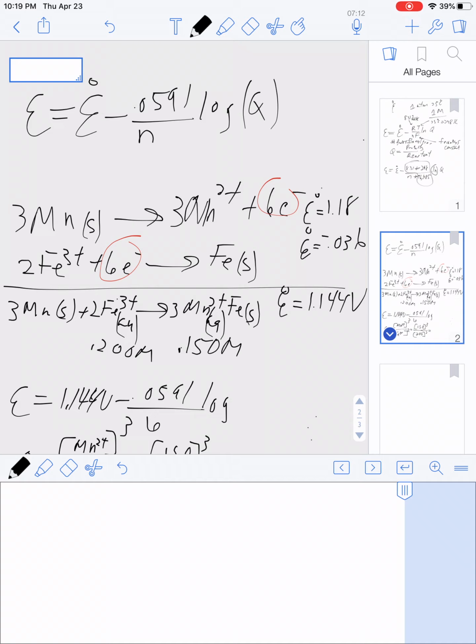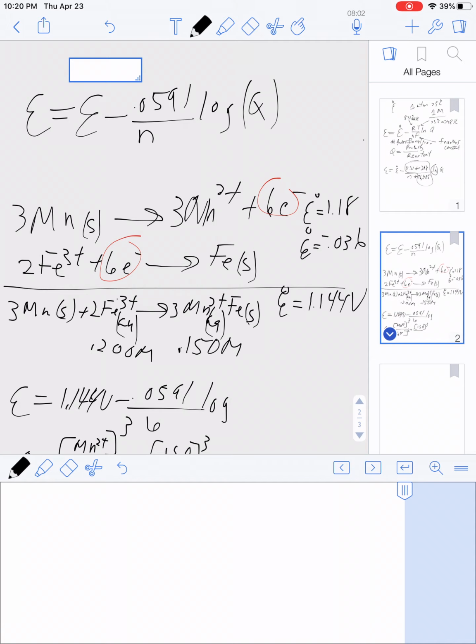Something weird happened here. I don't know what's going on, so I'm going to have to figure it out down there. So 0.150 cubed divided by 0.2 squared.